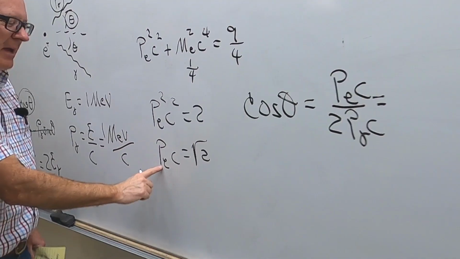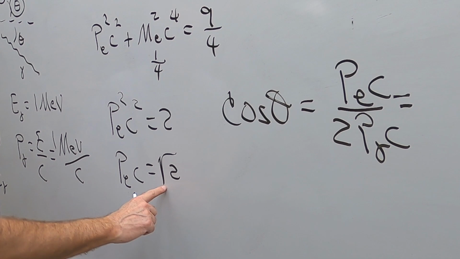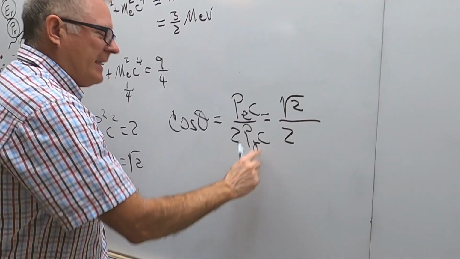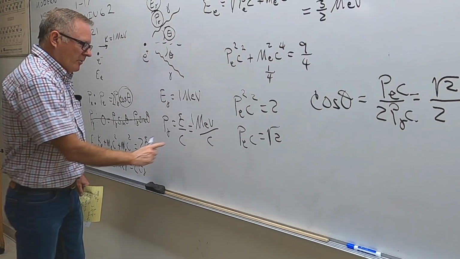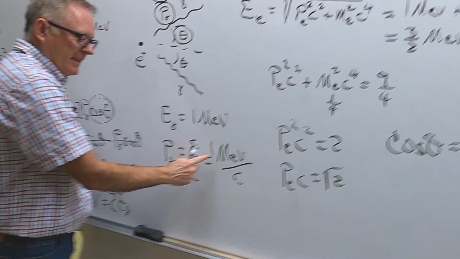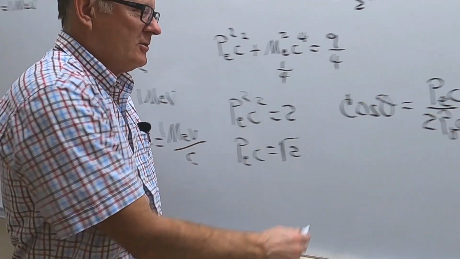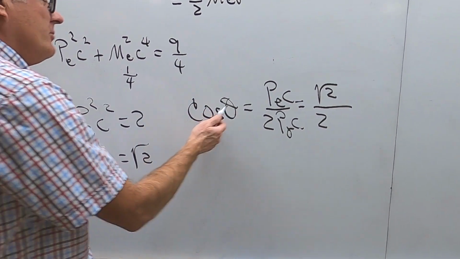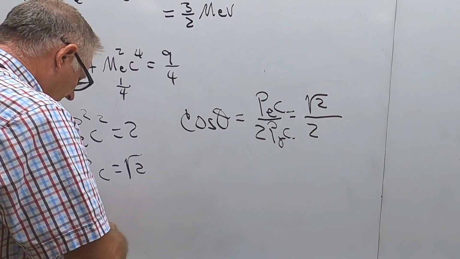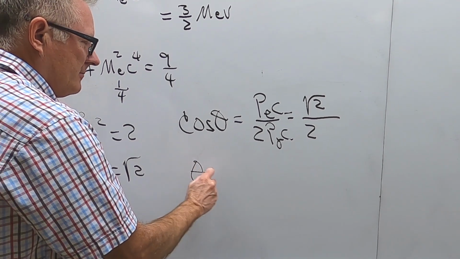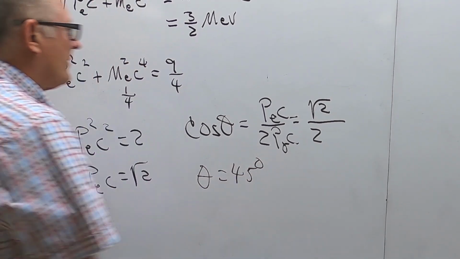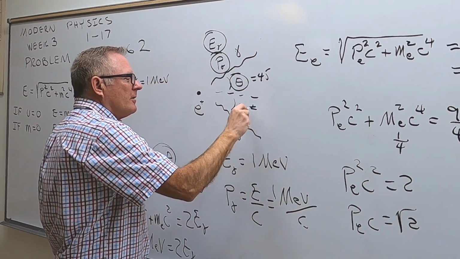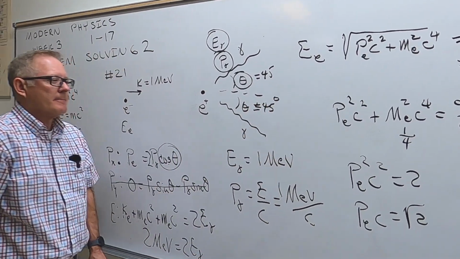Because I have P sub E C, that's the square root of 2. And P gamma C is 1 MeV. So I'm just left with the square root of 2 over 2. If the cosine of theta is the square root of 2 over 2, then theta is just 45 degrees. So this one is going to be at 45 degrees, and this one is going to be at 45 degrees.